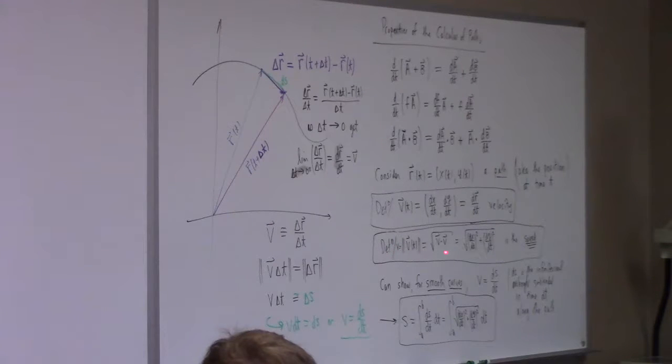The speed is the square root of (dx/dt) squared plus (dy/dt) squared. And you can show for smooth curves that the speed is the infinitesimal change in arc length with respect to the instantaneous change in time. In other words, you have ds as the infinitesimal arc length subtended in a time dt along the path.